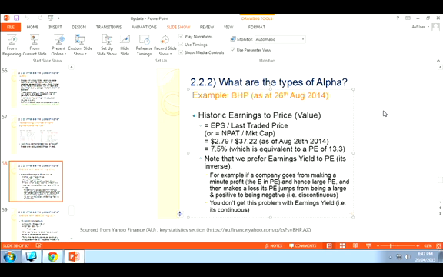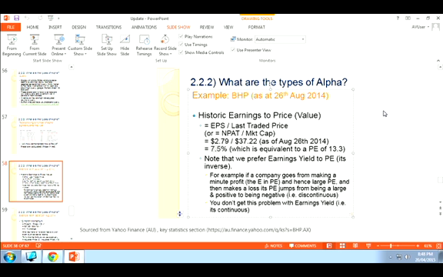But basically, you can either calculate it by taking your net profit divided by your market cap, or on a per share level, you can take its EPS divided by last traded price. EPS is equal to net profit divided by number of shares, and last traded price is market cap divided by number of shares. So it's effectively the same calculation. But that is pretty much in a nutshell of how we calculate earnings yield.